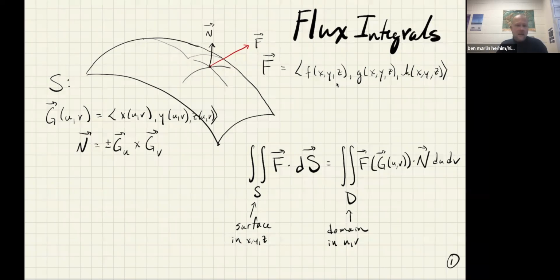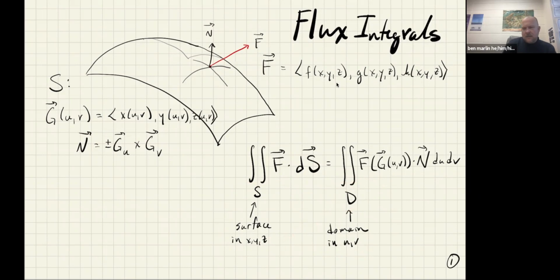Okay. The other tricky bit is illustrated here, because we say a double integral of the F vector dot dS vector. And when we do the actual integration, it will turn into a double integral du dv. And you have this here that just means the domain that you need to talk about.